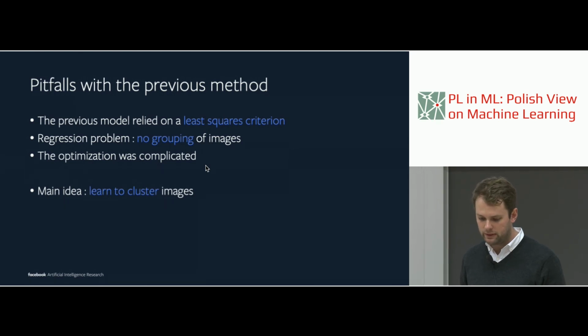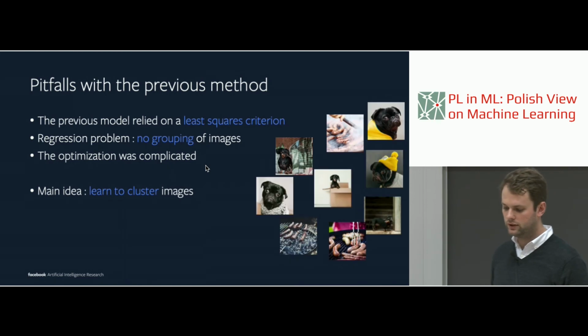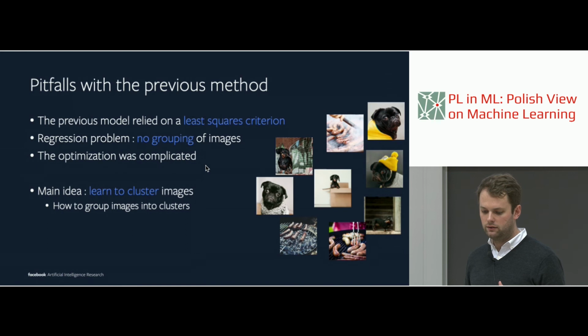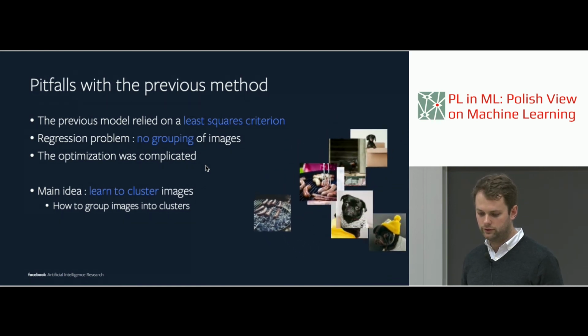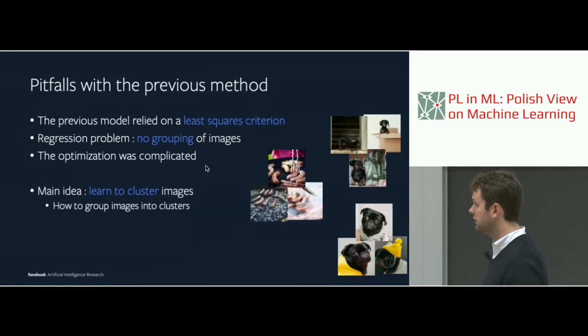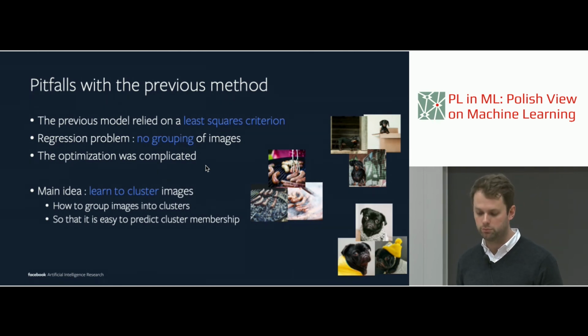So in this paper, the idea was to learn to cluster images. Given a set of images, you want to learn to group images into clusters in such a way that it would be easy to predict the cluster membership by a linear function.